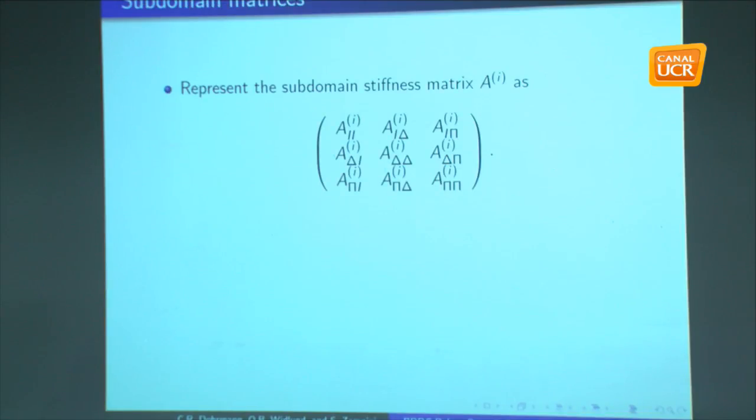So here we have a subdomain matrix, and we have three indices: the interior, the dual ones, which are the edge nodes, and the primal ones, which are the vertex nodes in the picture I just showed.